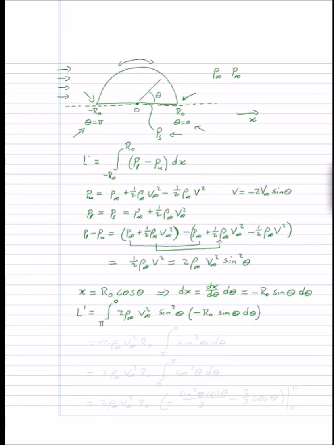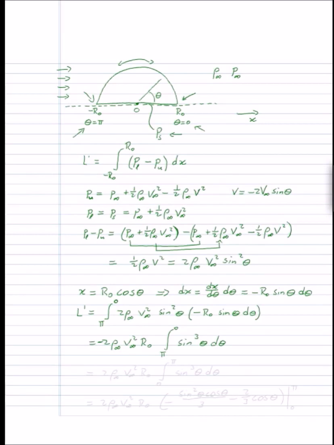So we can evaluate that integral. We're going to take all the constants outside the integral. So we've got a v infinity squared there. We've got ourselves a minus sign, actually. We've got ourselves an r0. And then we've got that integral from pi to 0 of sine to the power of 3 theta d theta. So we need to evaluate what that integral is.